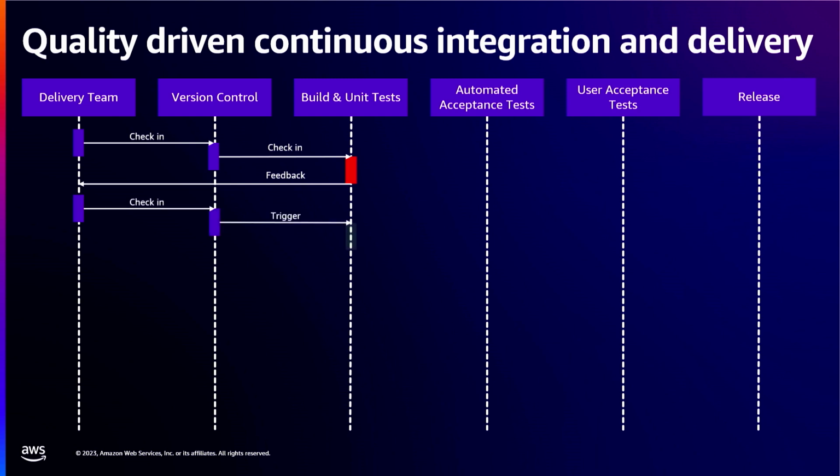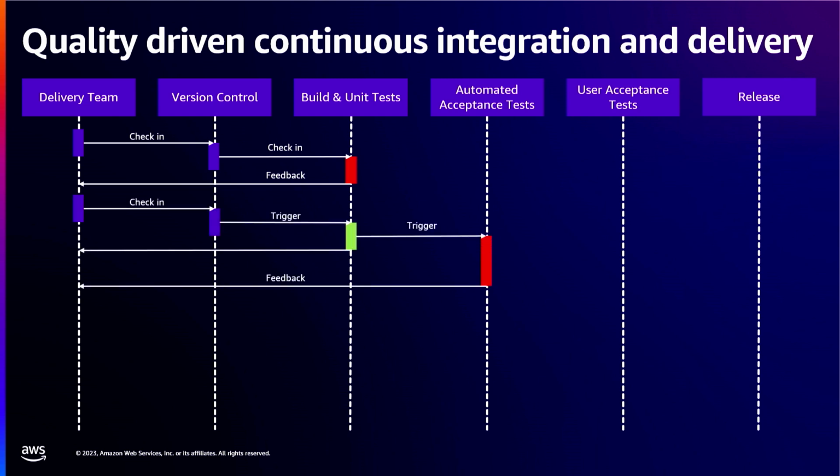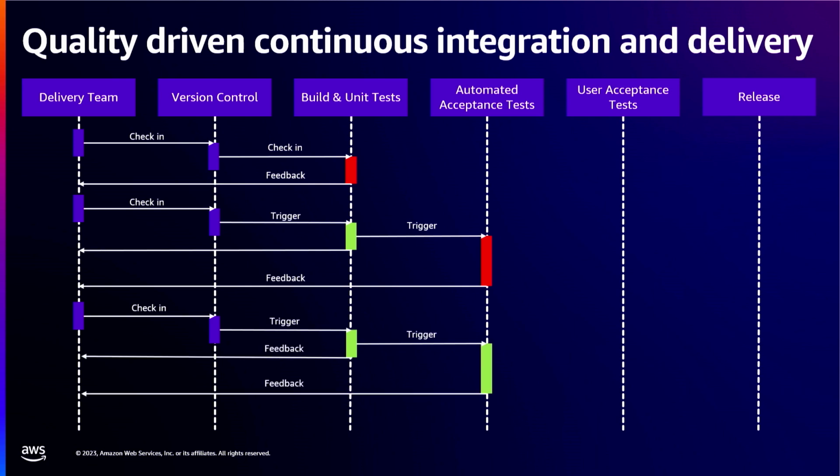And when they provide fixes, hopefully everything goes great. And when it goes great, you automatically run the unit tests. And not only that, but you can run your functional tests as well, all right? And when you get a failure in that case, then you get that feedback loop and you go through it all over again. And this is how you actually get to release, right?